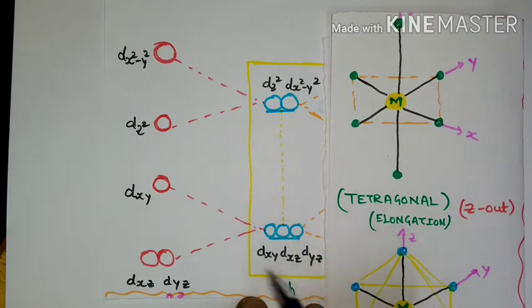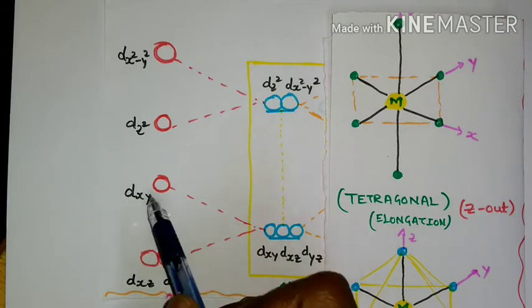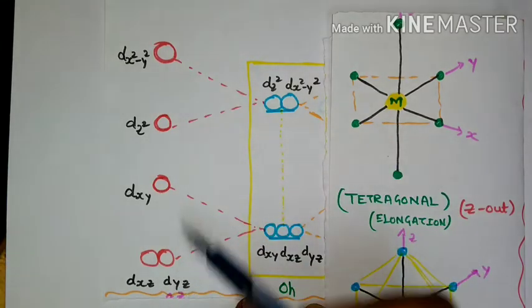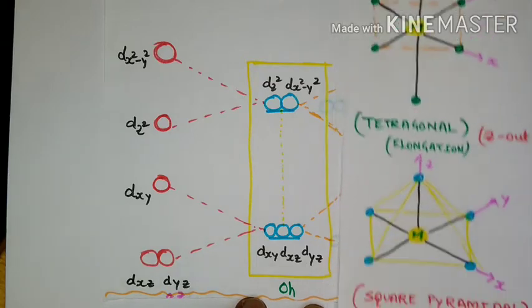Similarly, dxy, dxz, dyz, which are degenerate in the octahedral geometry, now the orbitals containing the z component, their energy will decrease, whereas the xy containing component, their energy will increase. So this is the d orbital splitting in the case of tetragonal elongation and square pyramidal geometry.